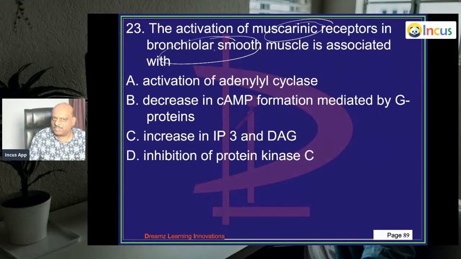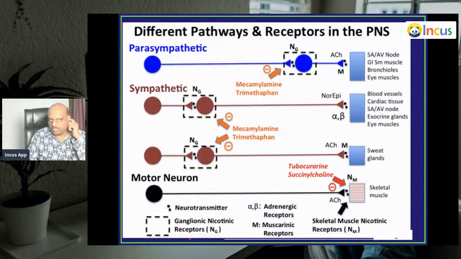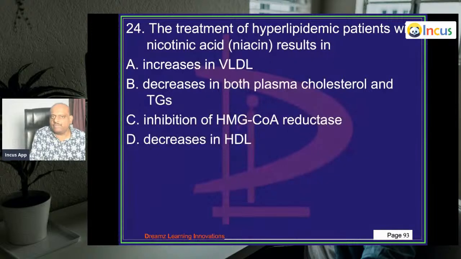Muscarinic receptors, bronchial smooth muscle. What is the effect? They will increase the IP3 and diacylglycerol. So you should know very well parasympathetic, sympathetic, where are they located, where is norepinephrine working, where is the acetylcholine working, what are the favorite areas of examiner.